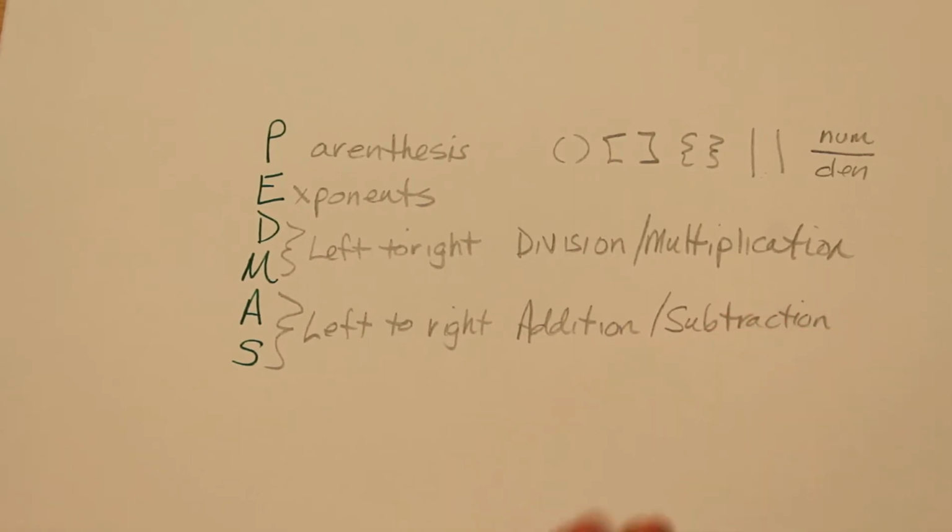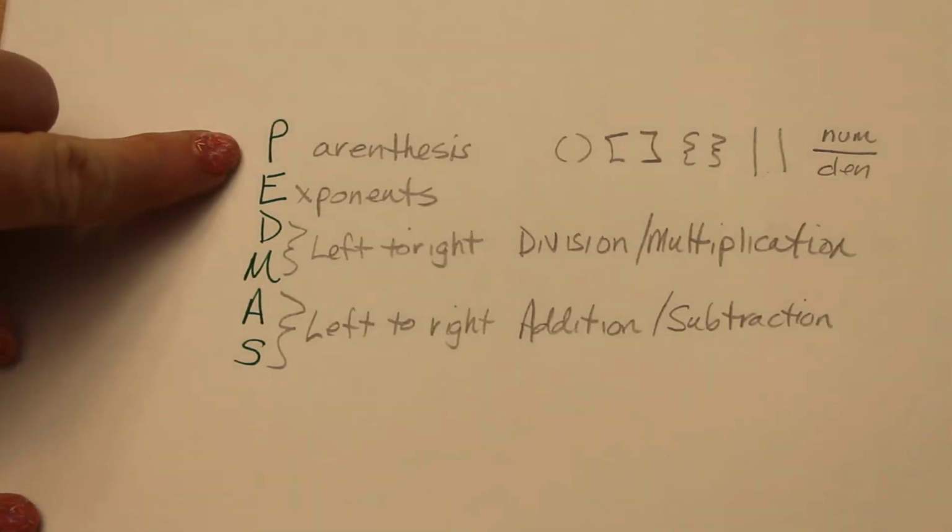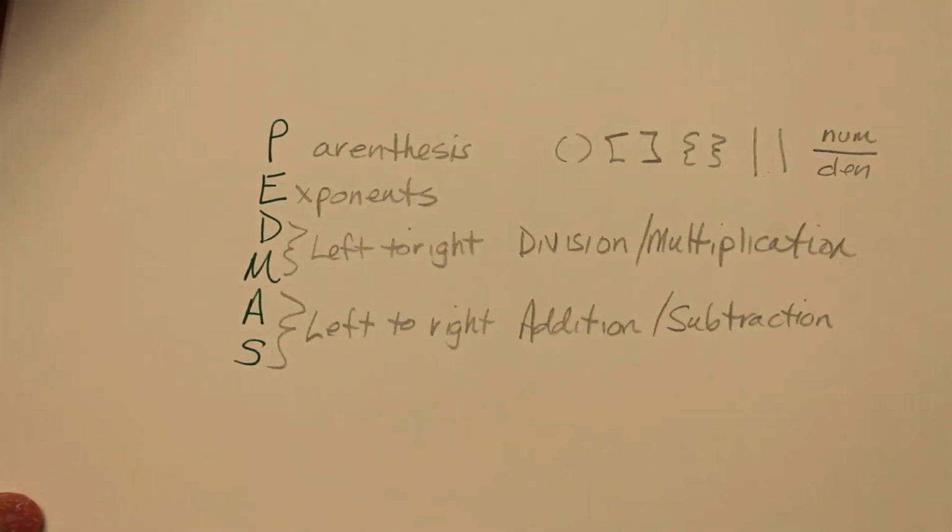And this is the order that your calculator will use to evaluate an expression as well. So you just want to make sure that you follow this order. This is called the order of operations: parentheses, exponents, division and multiplication, addition and subtraction.